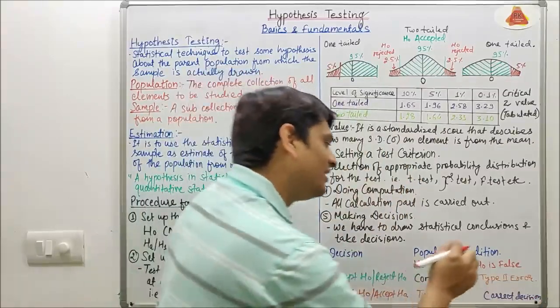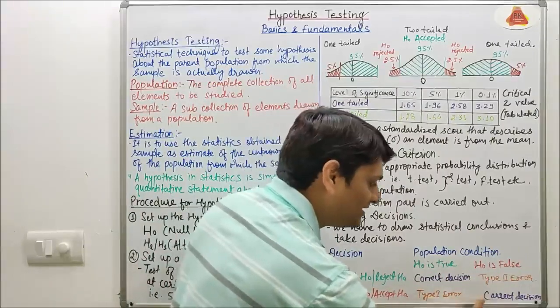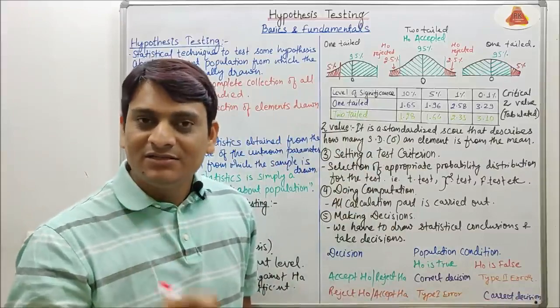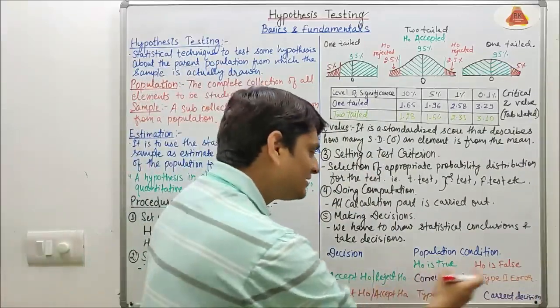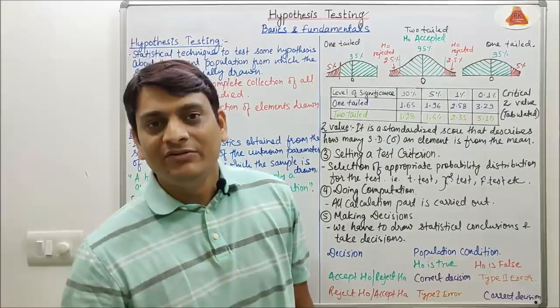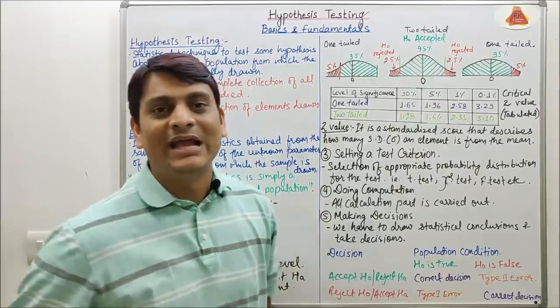And if our null hypothesis is false and we reject it, then our decision is correct. So in this step, we have to take the decisions very carefully, otherwise these types of errors may occur during the analysis. In the next video, we will solve some statistical problems related to this hypothesis testing.